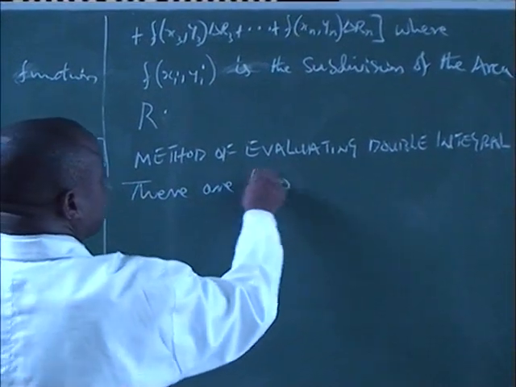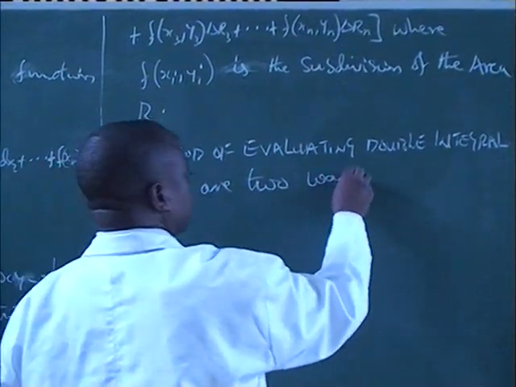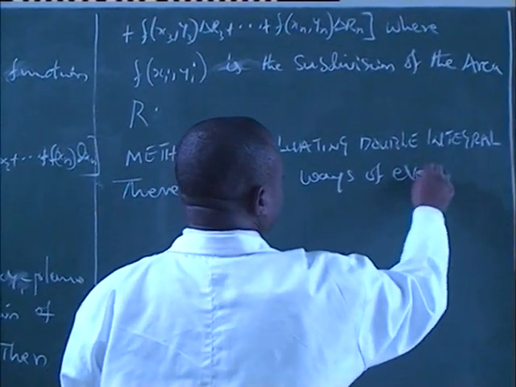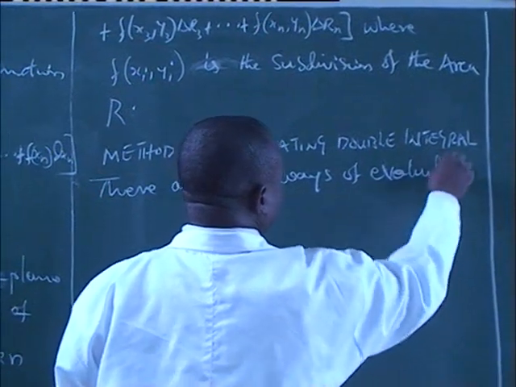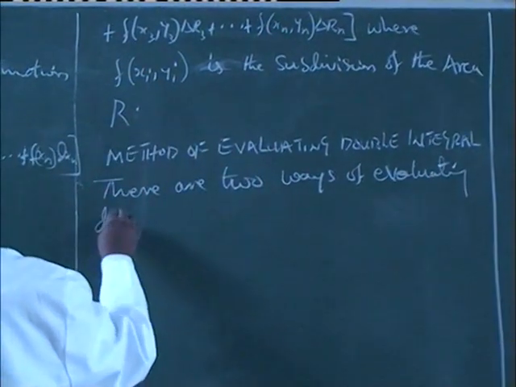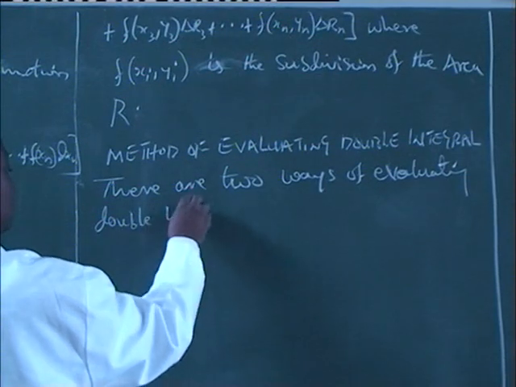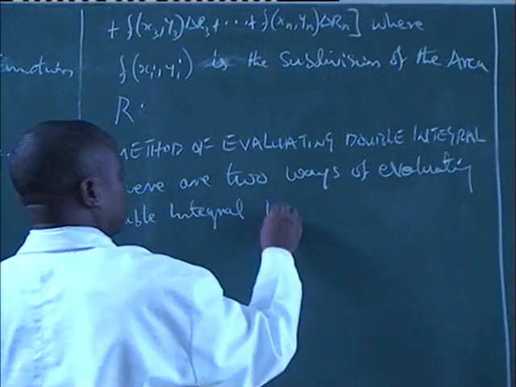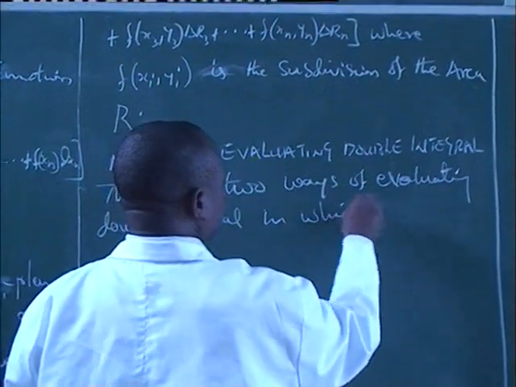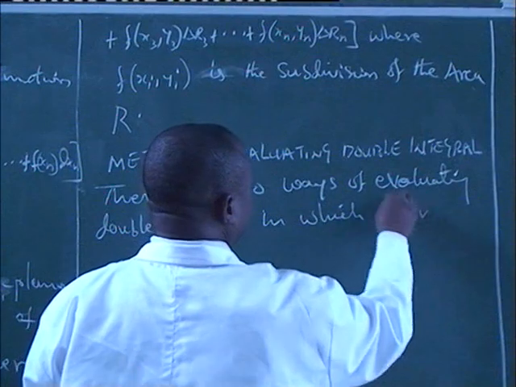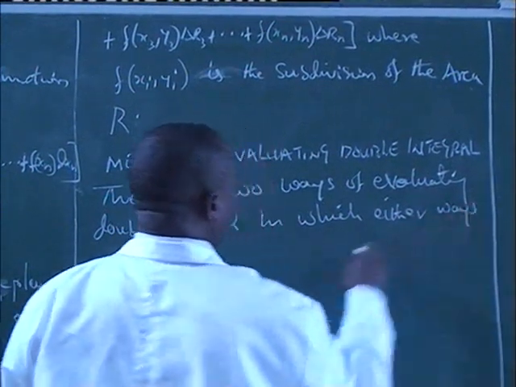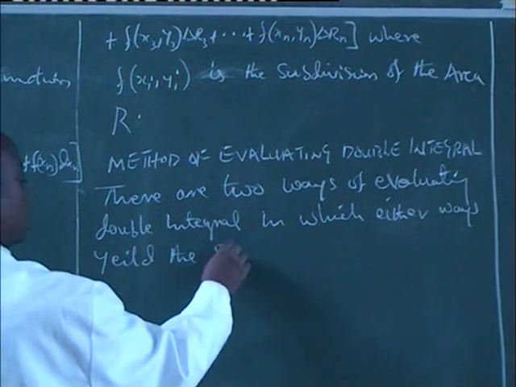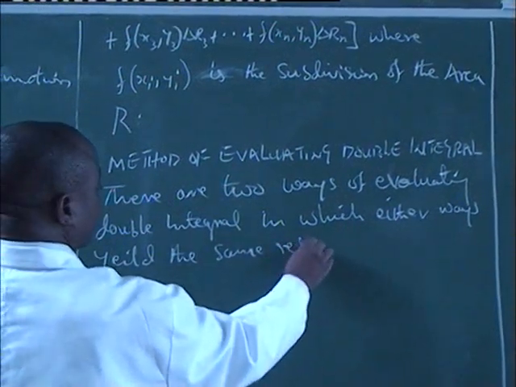There are two ways of evaluating a double integral, in which either way yields the same result.